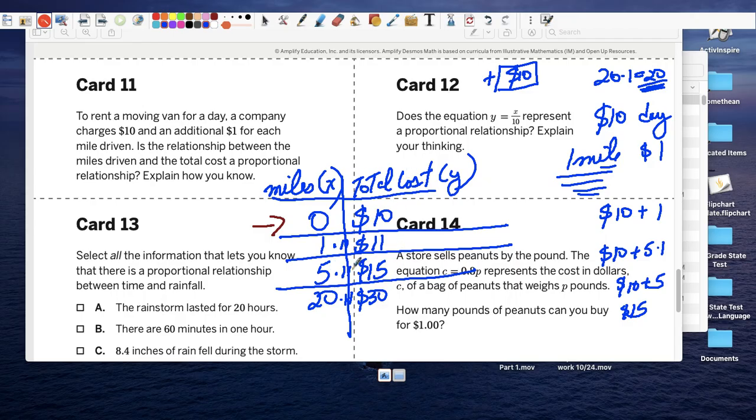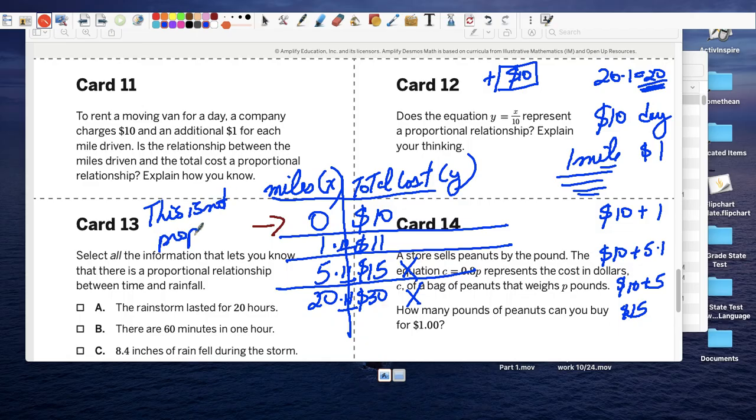Well, 5 times 11 is definitely not 15, so it fails here. 20 times 11 is not 30, fails here. So all the other pairs, all the relations between the x and y, are not with the same constant proportionality. So therefore, we can say that this is not proportional.